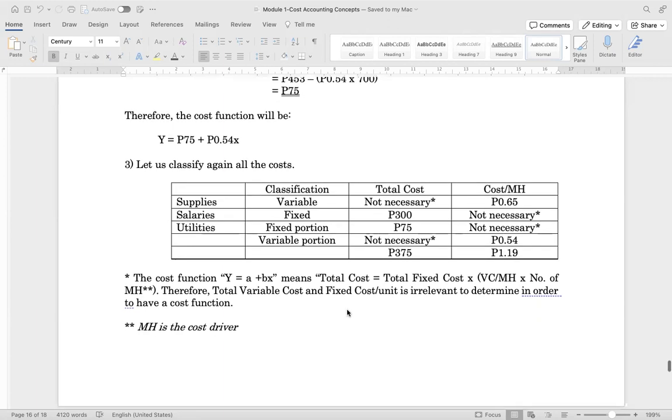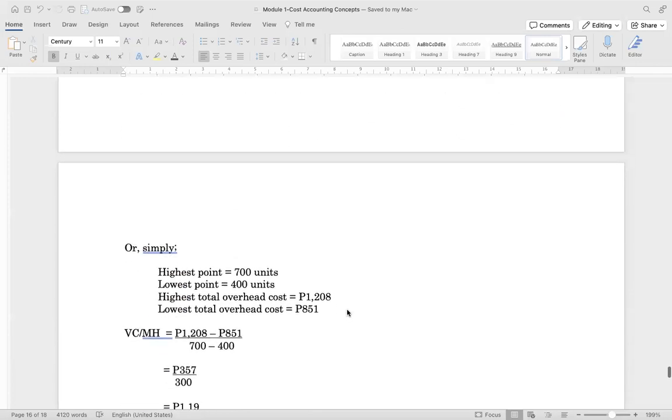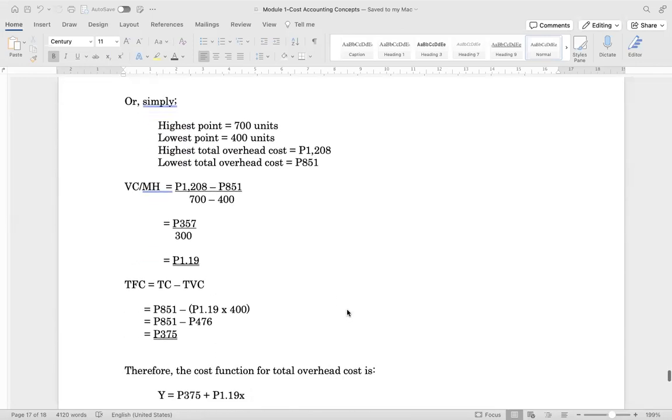Now, we can also use the second assumption, the total overhead cost. Instead of specific utilities, on total overhead we have highest cost, HICO, minus LOCO, divided by highest activity minus lowest activity. So 357 over 300, that's 1.19.